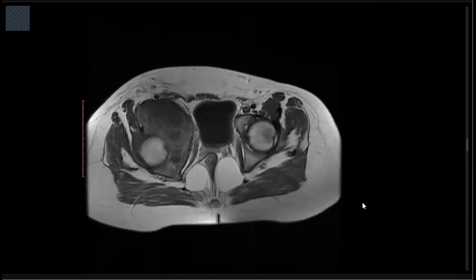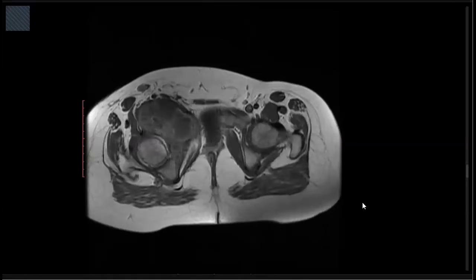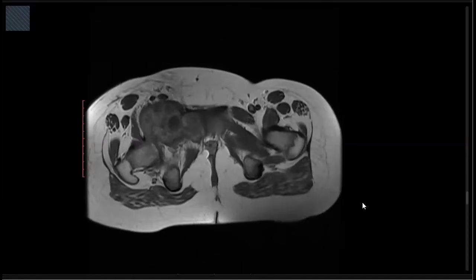Normally, I will also correlate the T2 images. I can see there is some layering within the cysts, so ABC is one of my differentials.